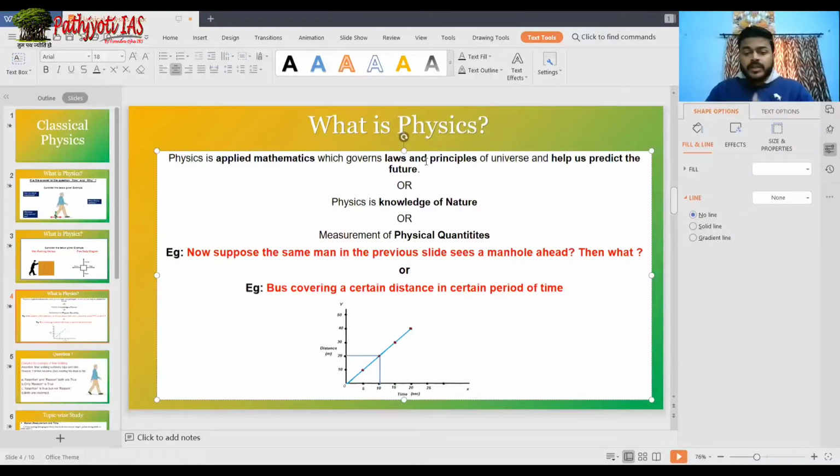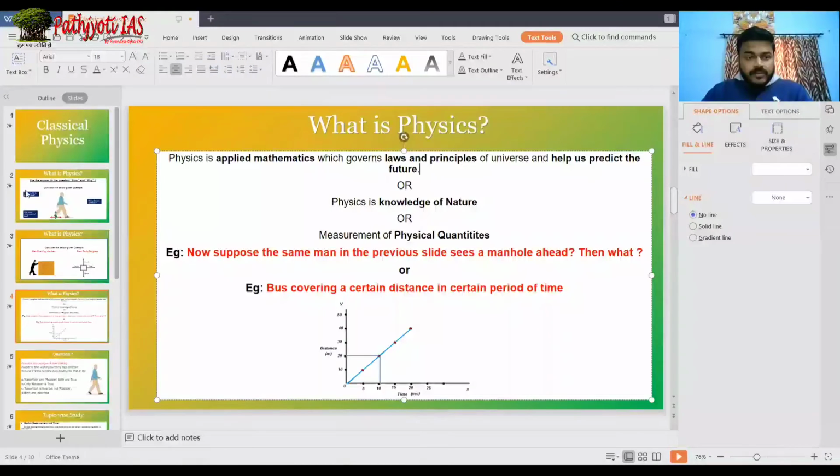For example, you are driving a car and then you see a child in front of you. So your reaction is to apply the brakes. Your car decelerates and finally you stop. But sometimes the speeds are so much that even the cars are not able to stop. So you might meet with an accident. So the use of mathematics in physics is basically to calculate what might be the future.